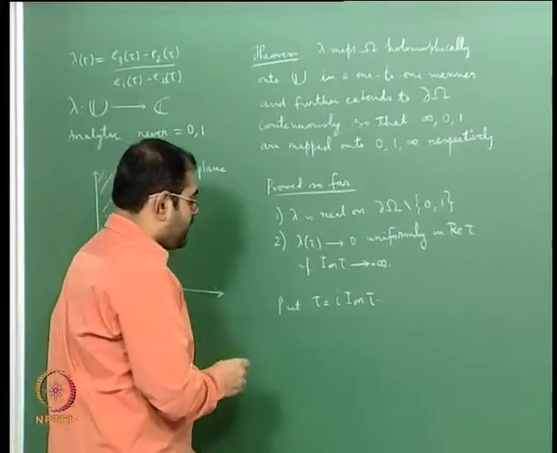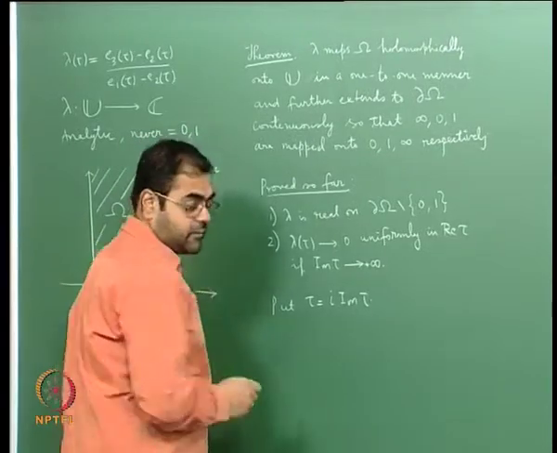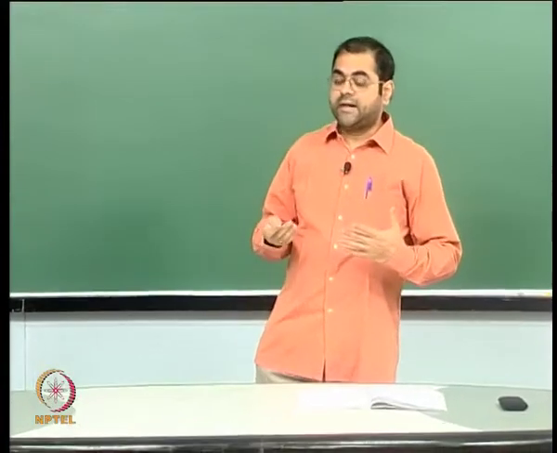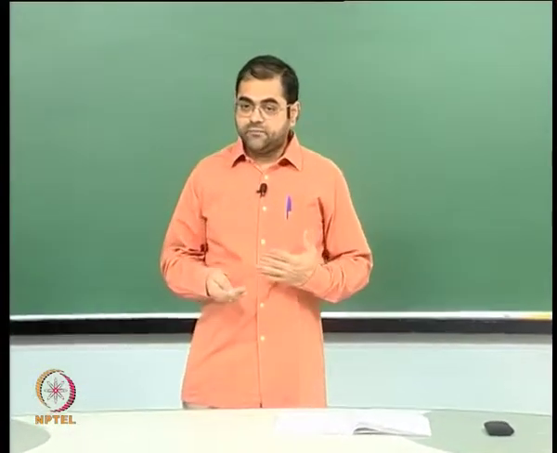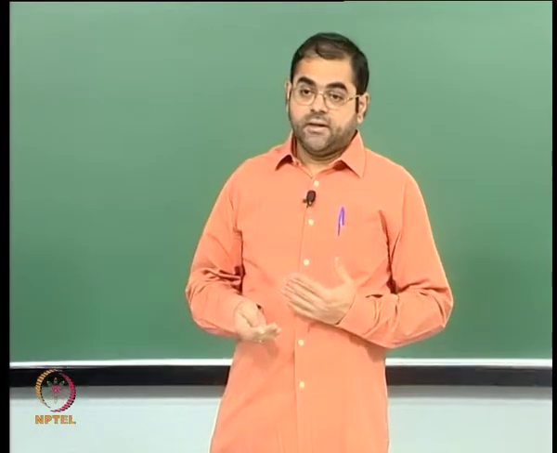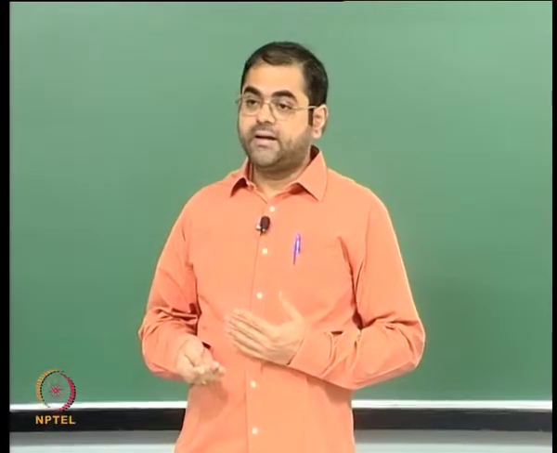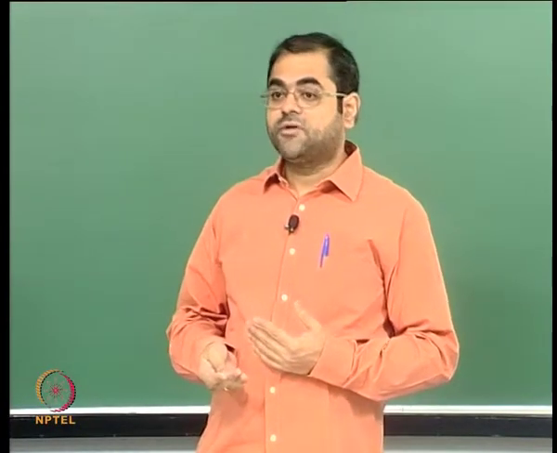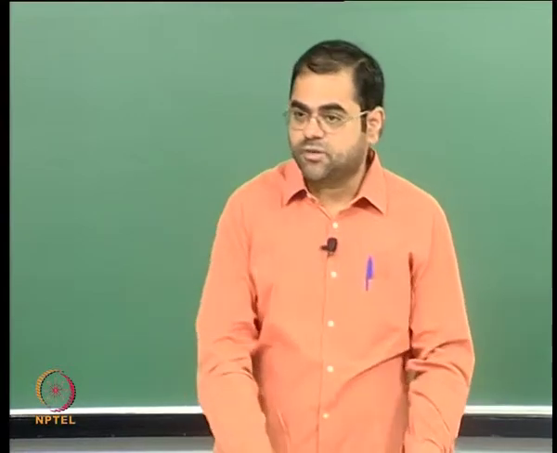And then let me use a functional equation. I want to calculate lambda of 0, therefore the obvious thing I will do is try to calculate lambda of minus 1 by i times the imaginary part of tau, and let the imaginary part of tau go to infinity. That is the most obvious thing I will do.